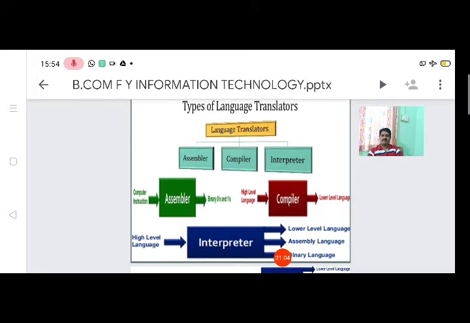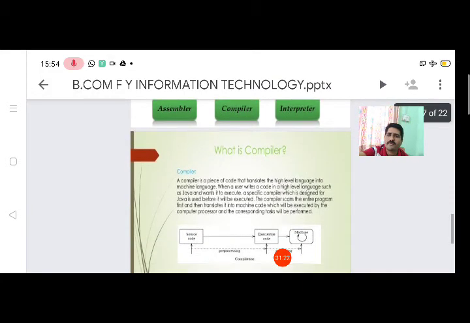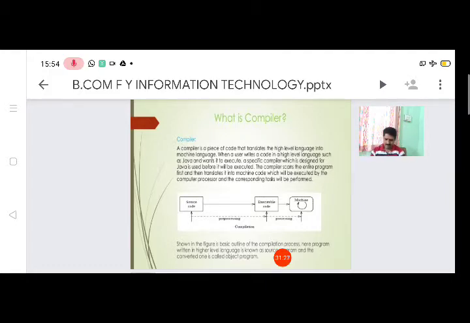There are some types. First is the compiler. Compilers convert high level language code to machine object code in one session, and compilers can take a while because they have to translate high level code to lower level machine language all at once, and then save the executable object code to memory.